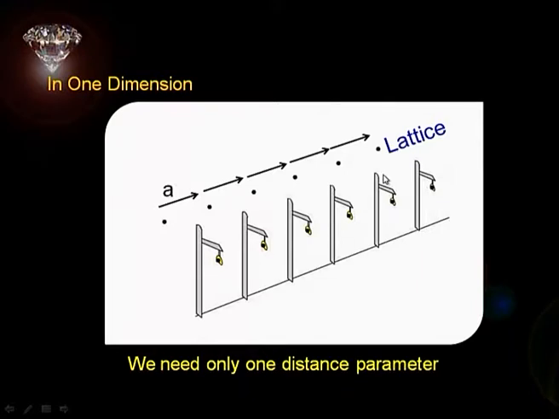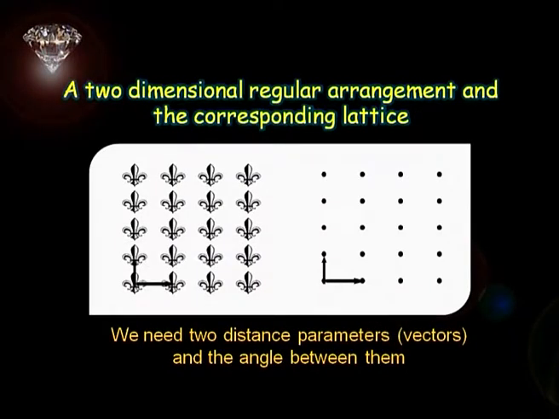Let's move further. Now suppose I have a two-dimensional regular arrangement. How do I represent that? In this case I have taken a representation wherein a dagger happens to be my repeating motif. To represent this kind of ordered arrangement, I need to locate each of these motifs. So I choose a point here, and I do the same thing in all motifs.